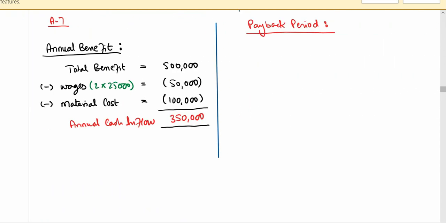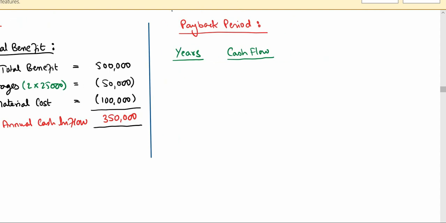So here will be the years, then the cash flow, then the cumulative cash flow.